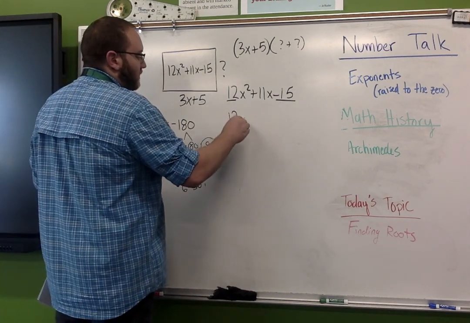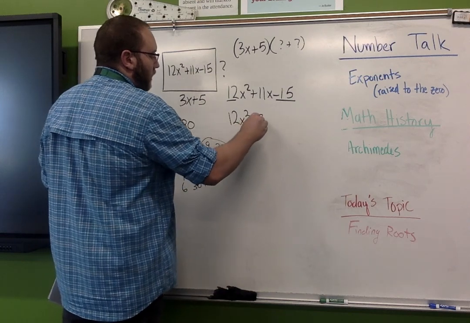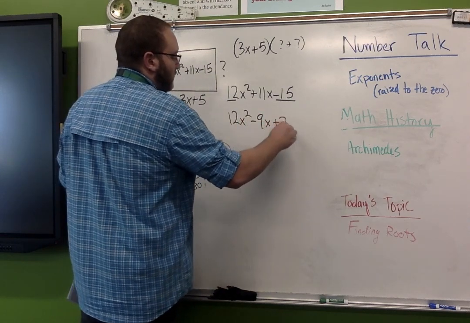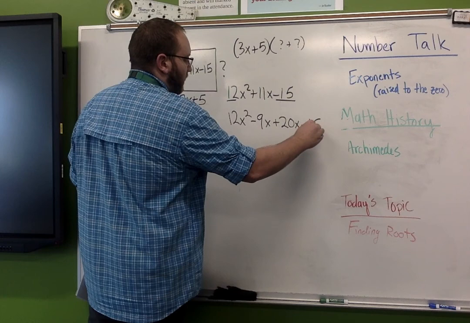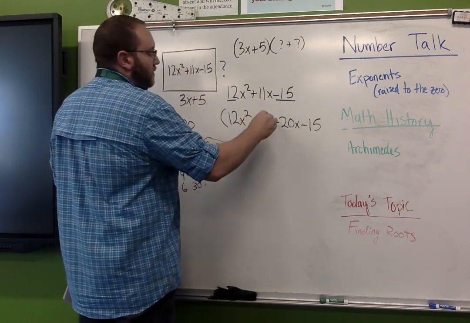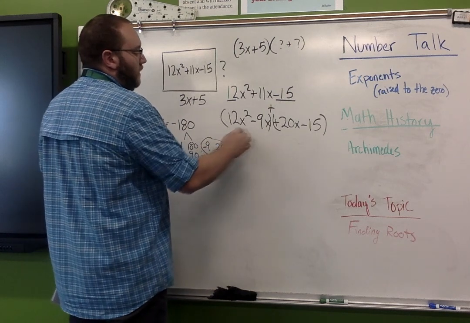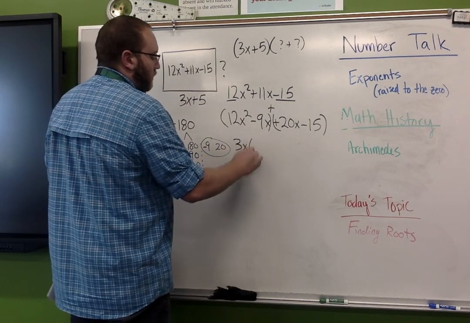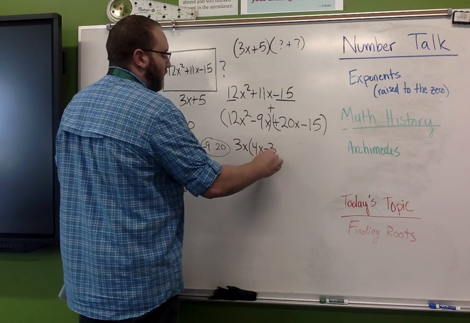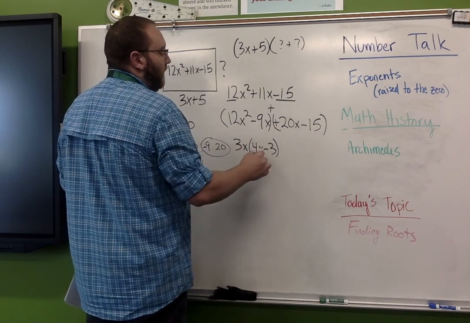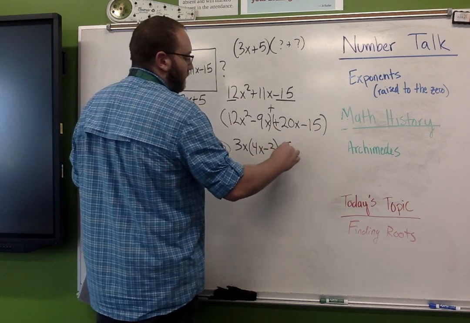So we have 12x squared, rewrite the middle term, minus 9x, plus 20x, minus 15. Group the first two and last two terms. Greatest common factor here is 3x. We're left with 4x minus 3. Greatest common factor here is 5.